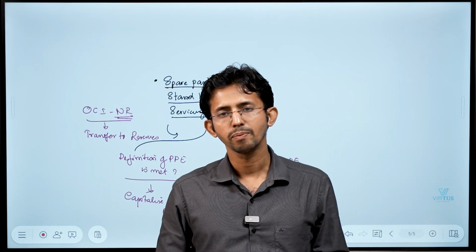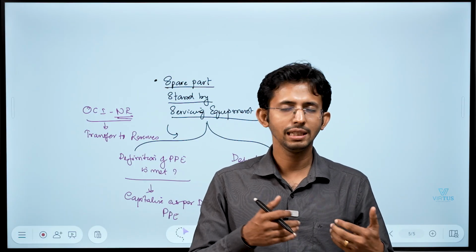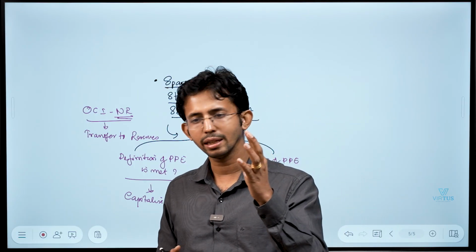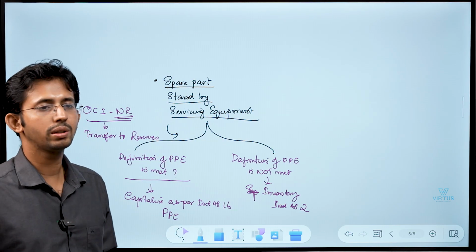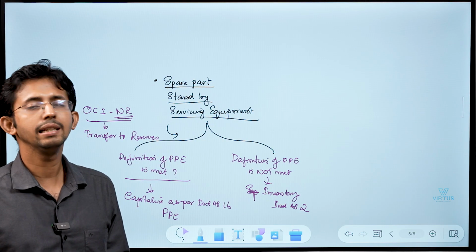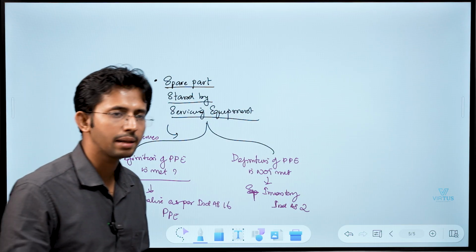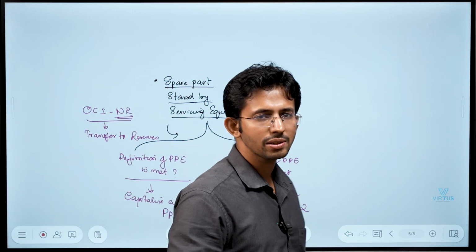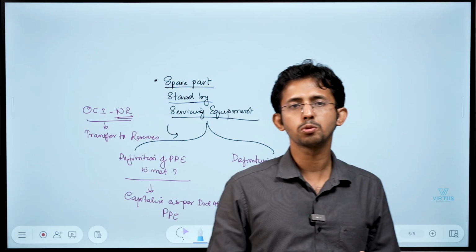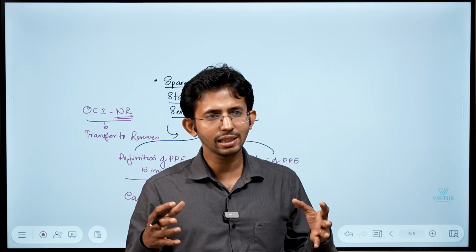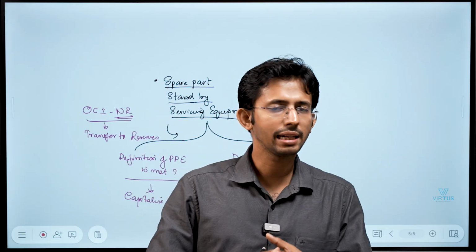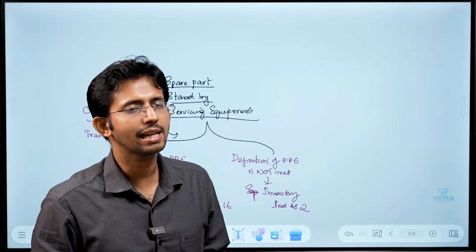Then we came to special points like component accounting, the accounting of spare parts, standby assets and servicing equipment, then what to do when an asset is disposed of. Then the disclosure requirements. So with this, Ind AS 16 is over, and we will move to the next standard in the next lecture. Thank you.